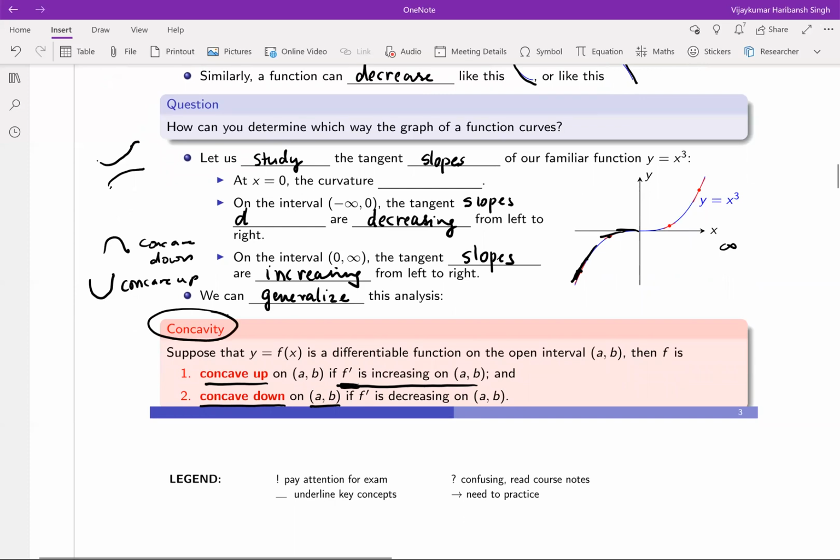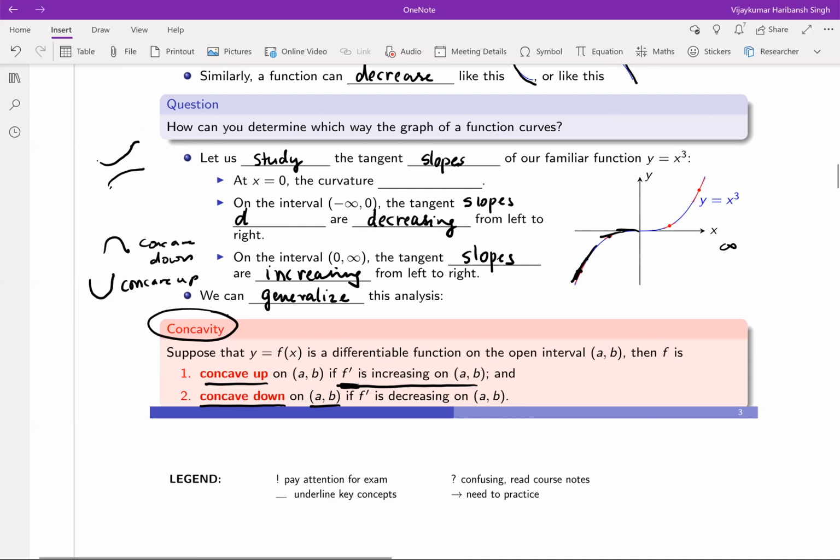Let's go through this again. Let y equals f of x be a differentiable function on an open interval AB. Then f is concave up on the open interval AB if f prime is increasing on AB, and if f prime is decreasing on AB, then it's concave down. This is the idea behind concavity and the derivative being increasing or decreasing.